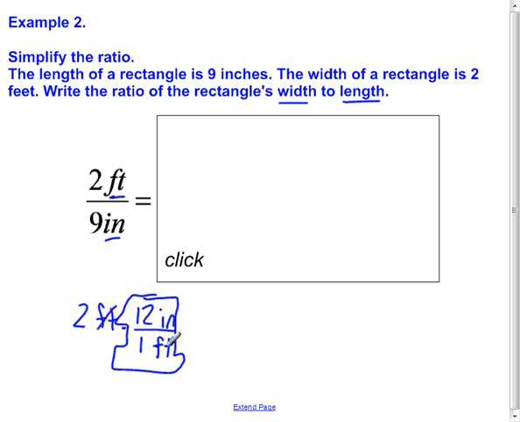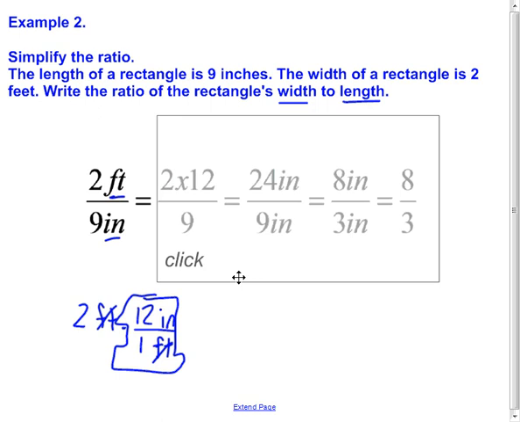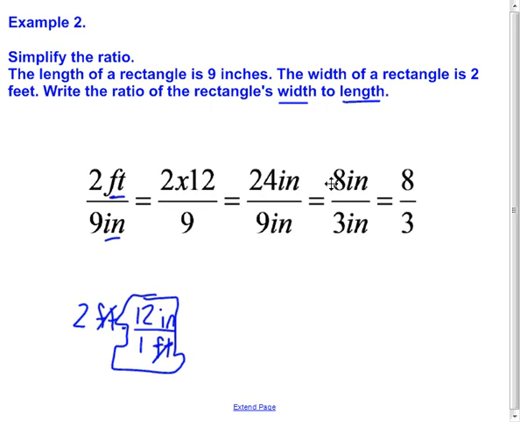That cancels out the feet, and that'll give us inches, which was what we want. So we get 24 inches over 9 inches, which we can then simplify, dividing both by 3. 8 inches over 3 inches. The inches cancel out, and we get 8 to 3.